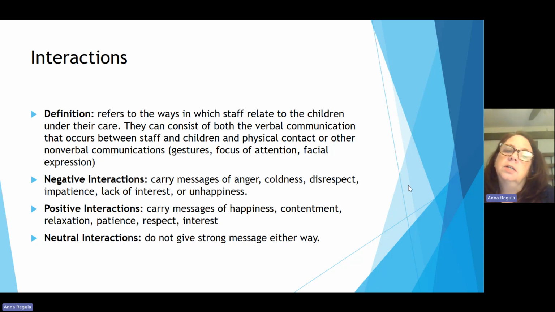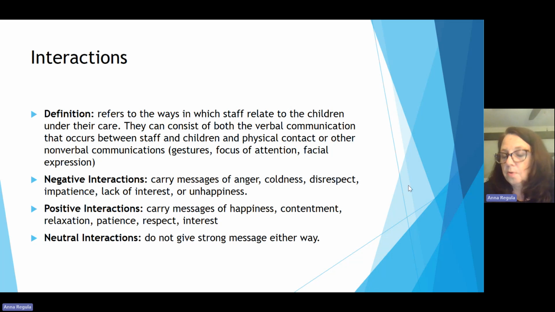So negative interactions can make a child feel like there's anger, coldness, disrespect, impatience, lack of interest, or unhappiness from the caregiver, not the child per se. Positive interactions, they're conveying happiness, contentment, relaxation, patience, respect, and interest.